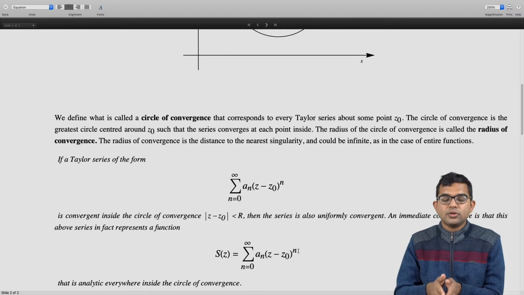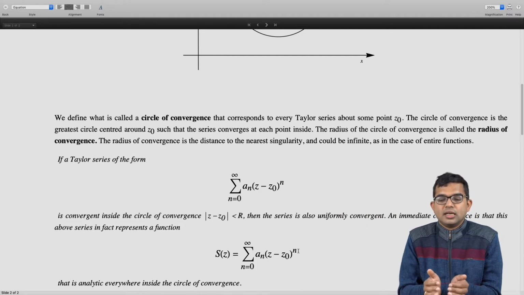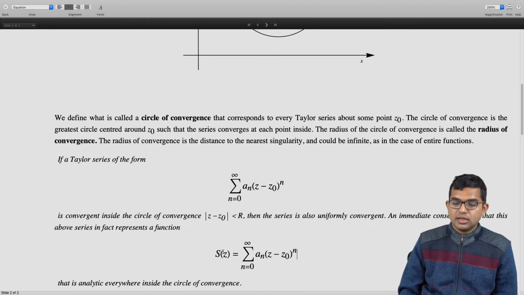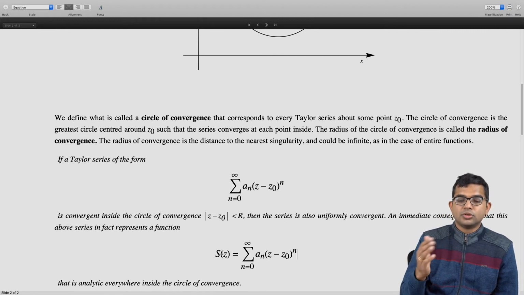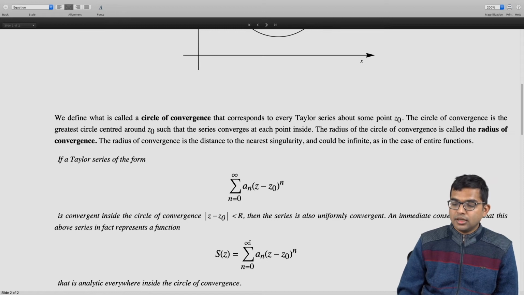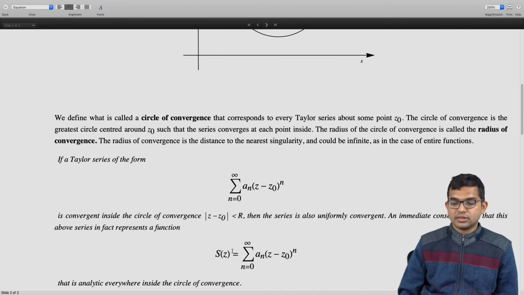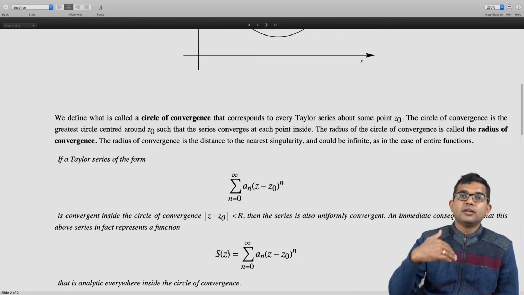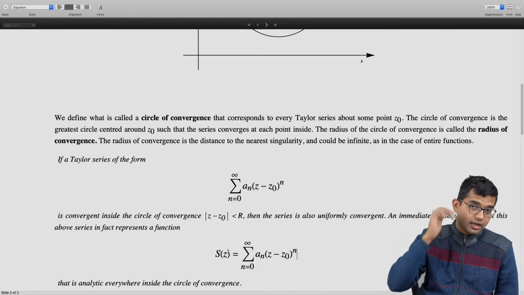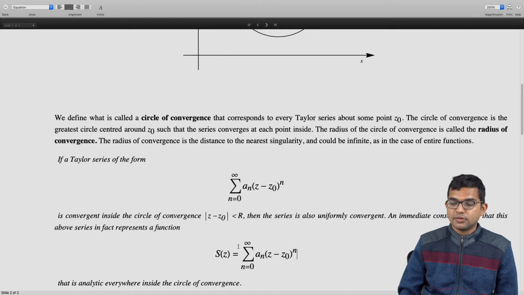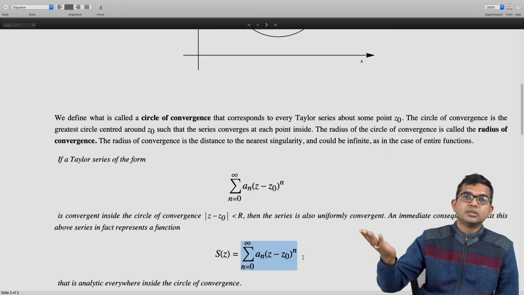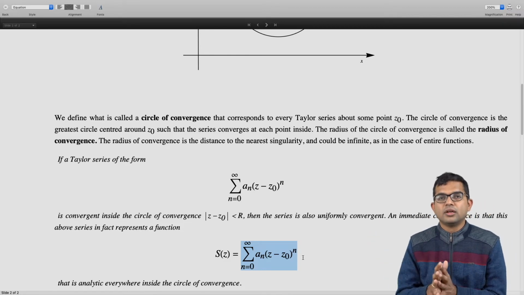So what the idea of uniform convergence means is that, given a certain spread around this s of z at a certain point, and if you give the same spread at a neighboring point, it's enough to truncate the series at the same n in both of these cases, basically. I mean, that's a crude way I'm putting it.